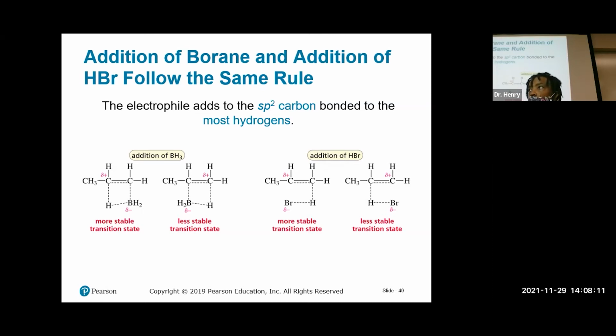So the electrons transfer over to the bromine to form bromide, the bond is broken, and the bromide forms. That's what we saw earlier when we were talking about the formation of alkyl halides.